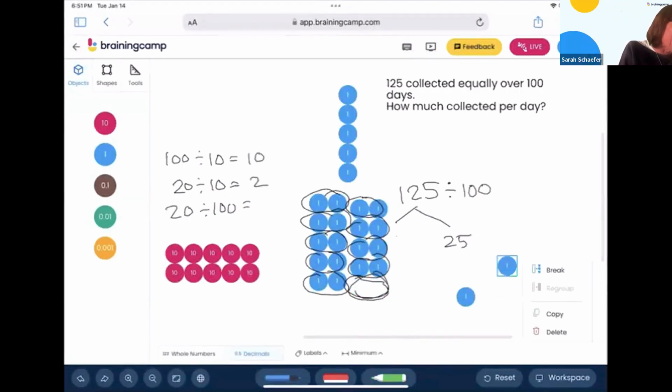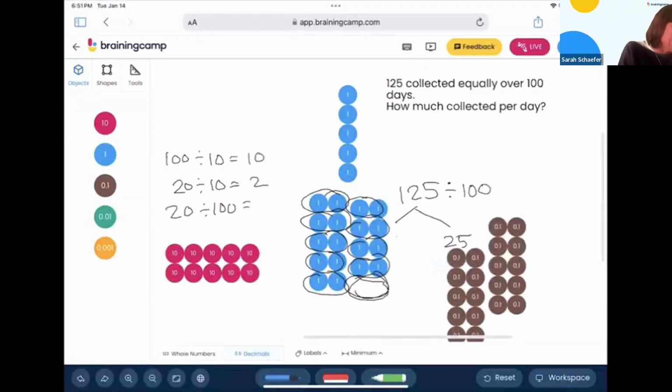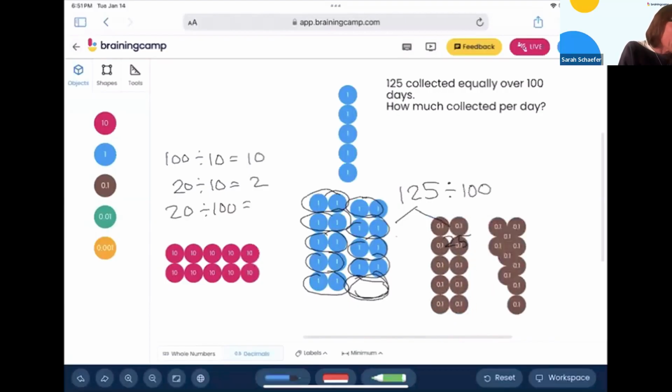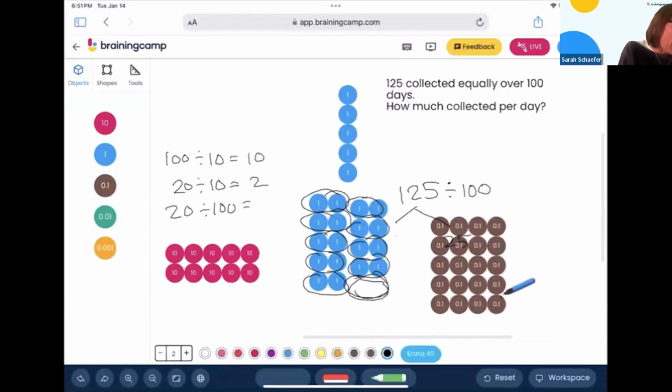Yeah, I have to break that apart, and I could think of it now as 20 what? What do we have here? Yeah, so if each one of these is put into, we've got 1 group, 2 groups, 3 groups, 4 groups, 5 groups, 6 groups, 7 groups, 8 groups, 9 groups.